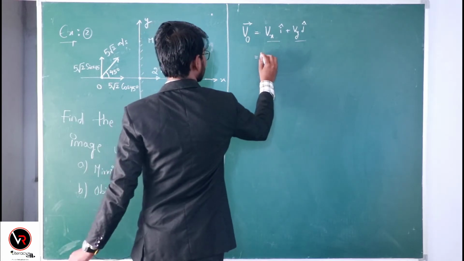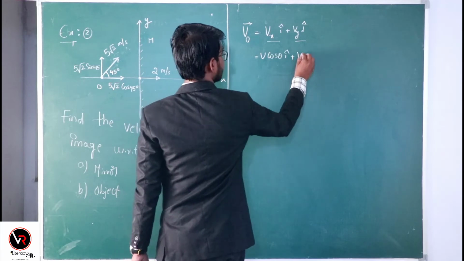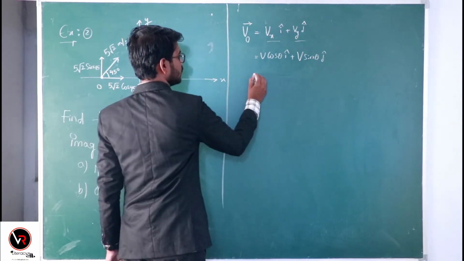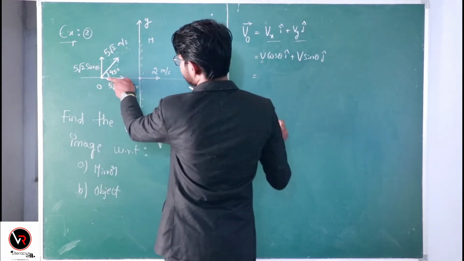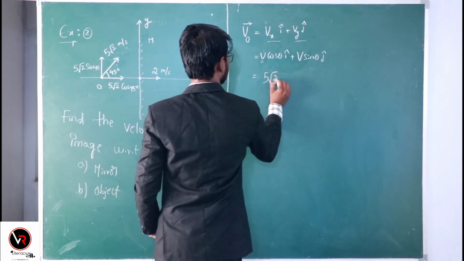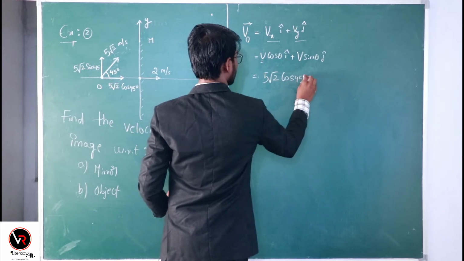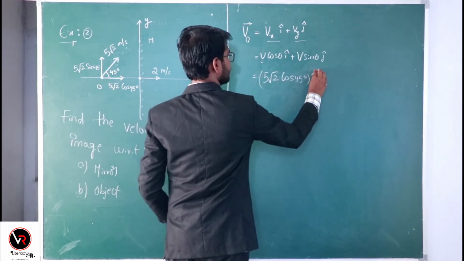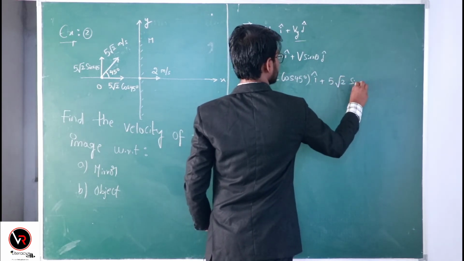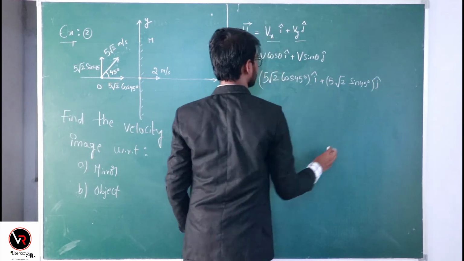So this is equal to V cos theta î plus V sin theta ĵ. What is the V here? Velocity of the object in the two-dimensional plane, that is 5 root 2. So 5 root 2 cos 45 î plus 5 root 2 sin 45 ĵ.